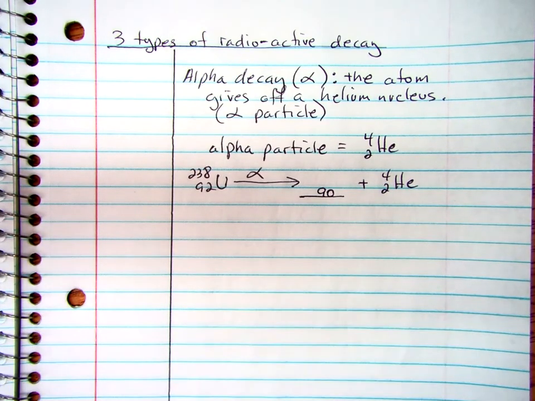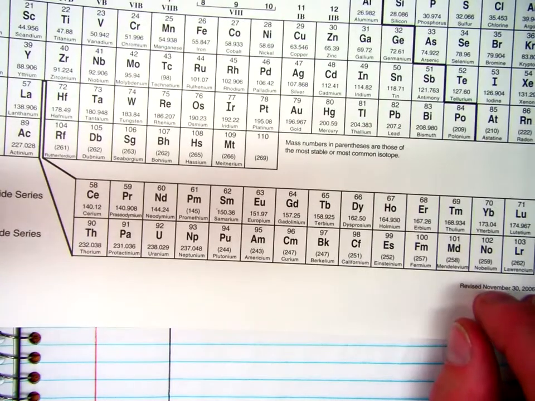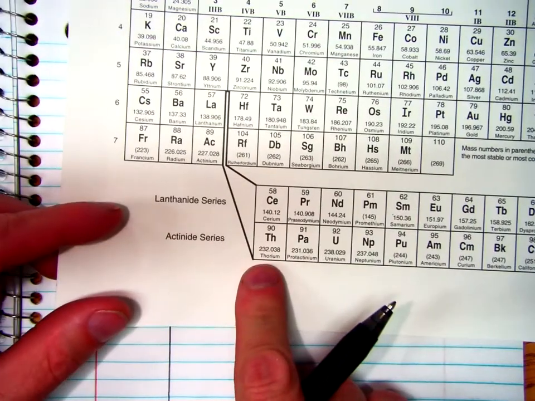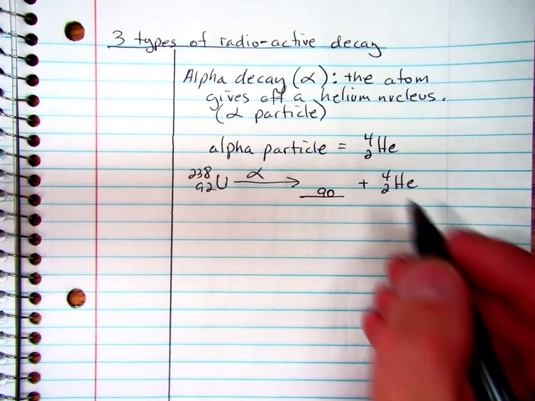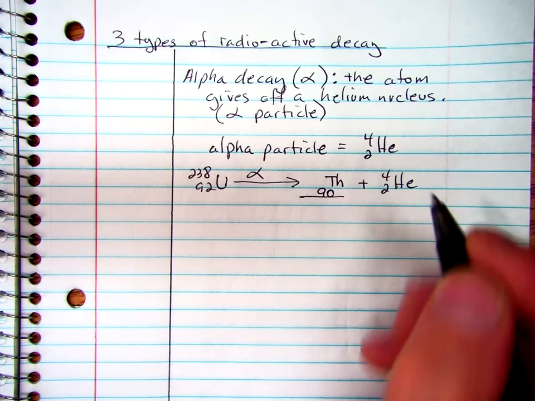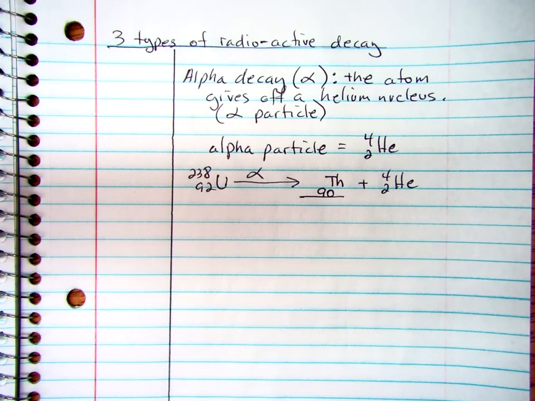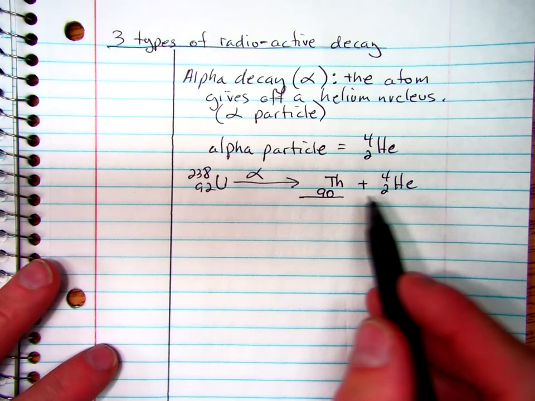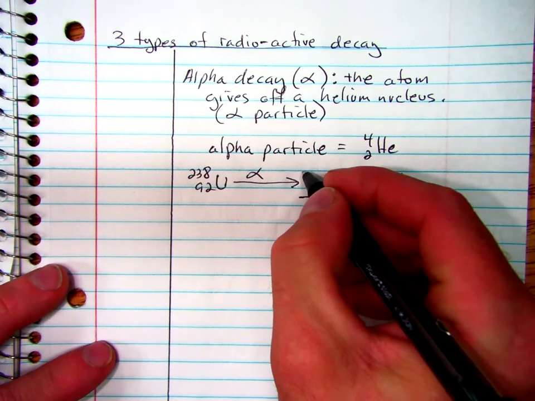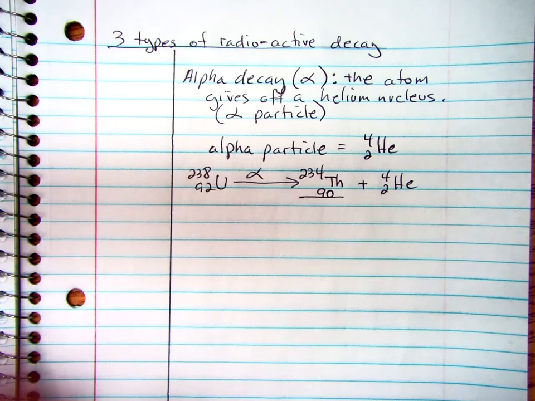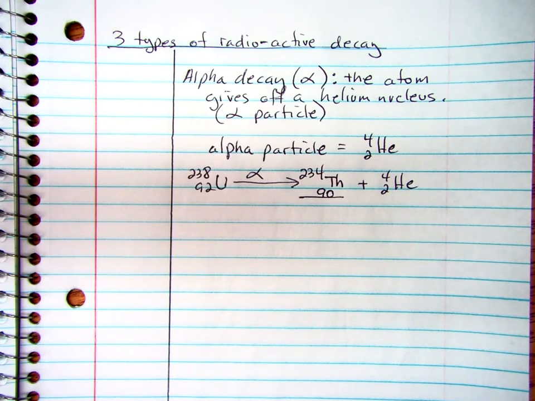So you go to your periodic table and you look up the atomic number 90. And you get thorium. TH is the symbol. So this is thorium. And the atomic mass, what plus 4 equals 238? Well, it's 234. So this is thorium-234. That's what you get when uranium-238 undergoes alpha decay.